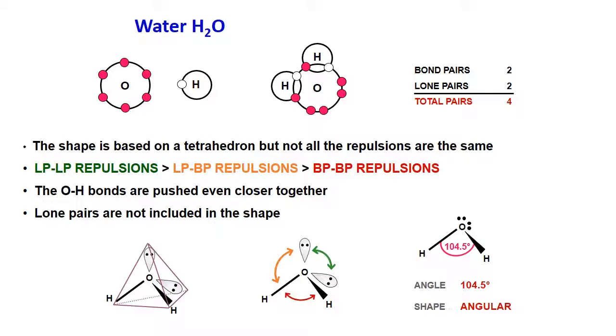So the OH bonds are squeezed together, and that means instead of being 109.5, which you'd expect for a tetrahedron, it's going to be 104.5 between the 2 hydrogens bonded to the oxygen. The shape is more bent or angular, because you don't, of course, include the lone pairs, which are not bonded, in the shape.